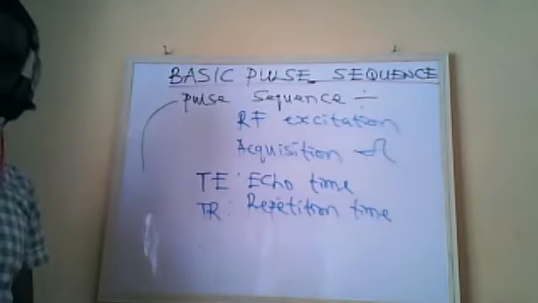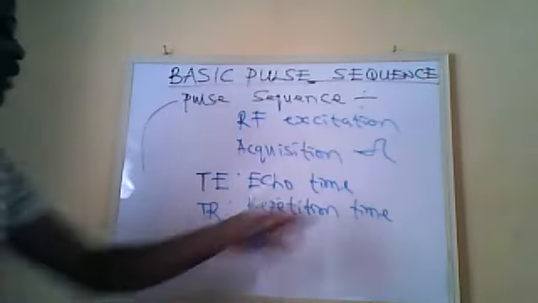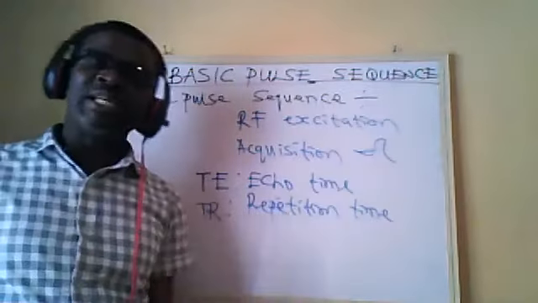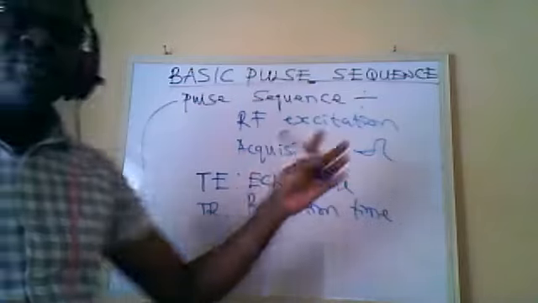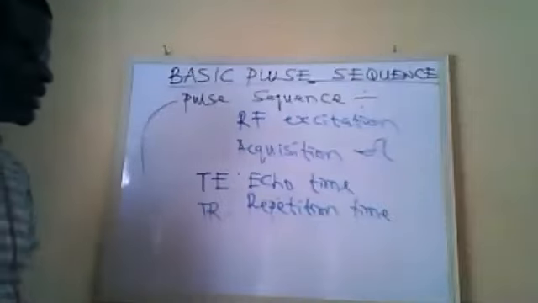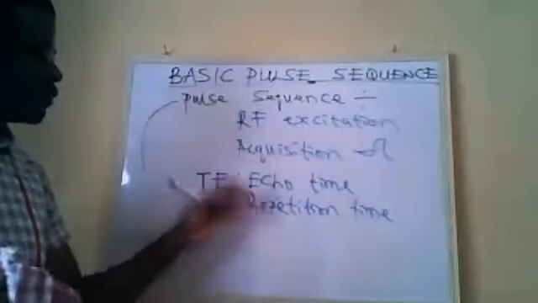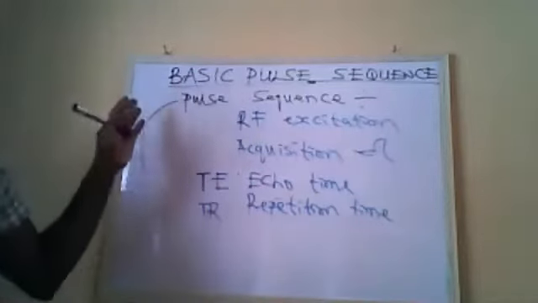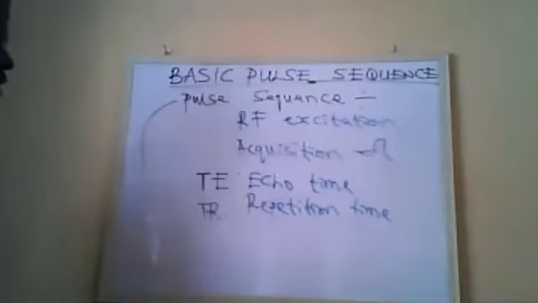These things will become clearer as we move on into the different types of sequences. Echo time is the time taken from turning on the RF pulse to the time the signal is sampled. Whereas the repetition time, from the name, is the time taken from one excitation to another excitation. So that's our repetition time, TR.